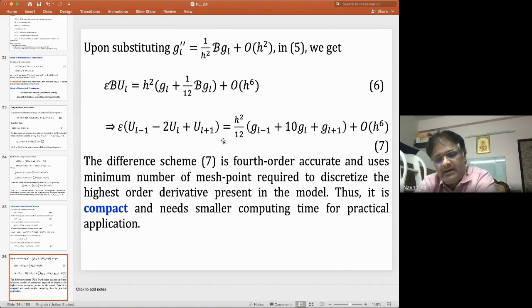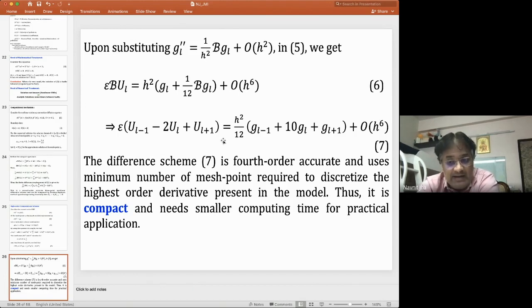Compact means I have a second order equation, and at most we require three mesh points to discretize the second order derivative. Second order derivative is the highest order derivative present in our boundary value problem.